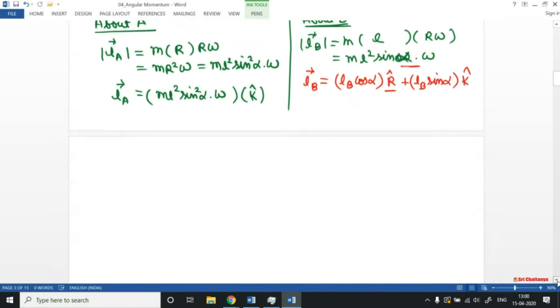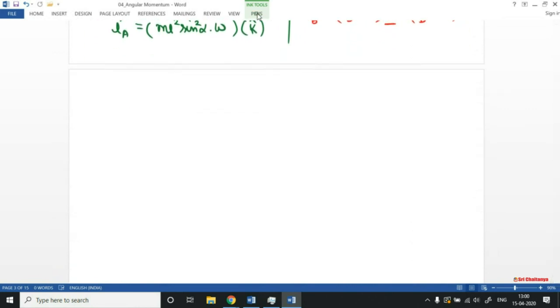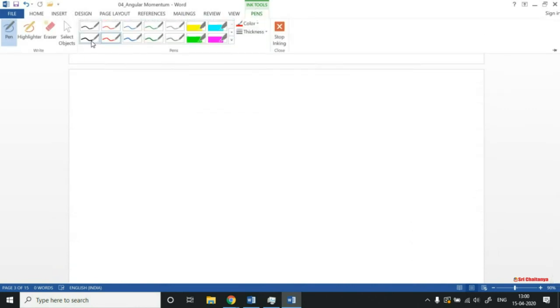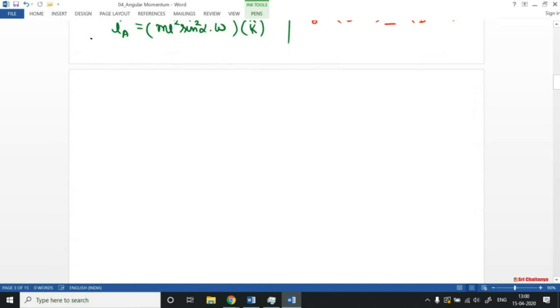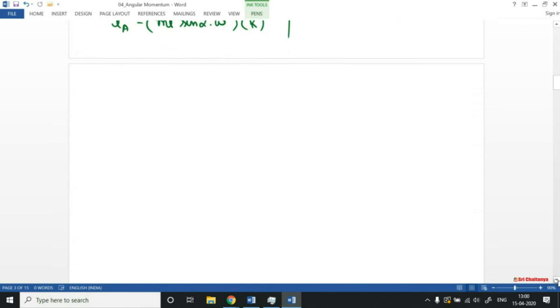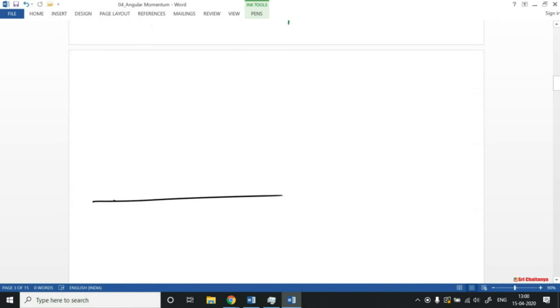Let's take another example where we would be calculating the angular momentum. So this is the example of a projectile. Say this is a particle of mass m, which has been projected with some initial velocity u, making an angle theta with the horizontal.